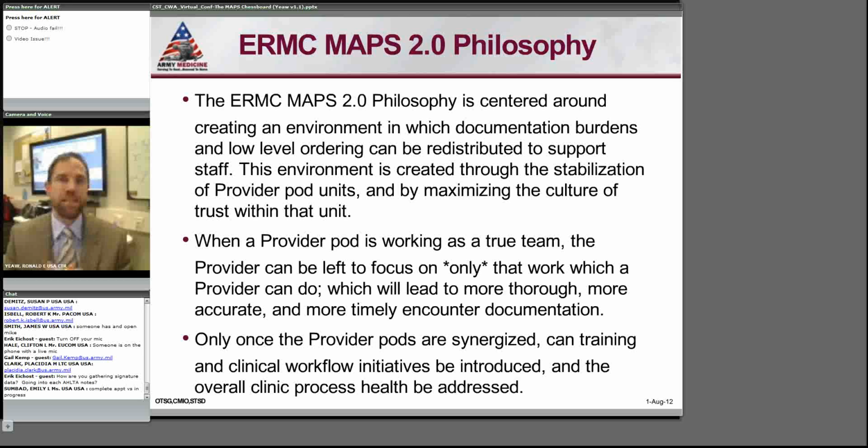If you can stabilize that provider pod, then and only then can the provider actually spend some time mentoring the staff. If you talk to any provider, I say, sir, ma'am, why is it that when we look, you're doing 80% of the documentation by yourself? They say, well, Ron, I have no idea who's going to walk through that door, and I have no idea what their level of education or competence is.